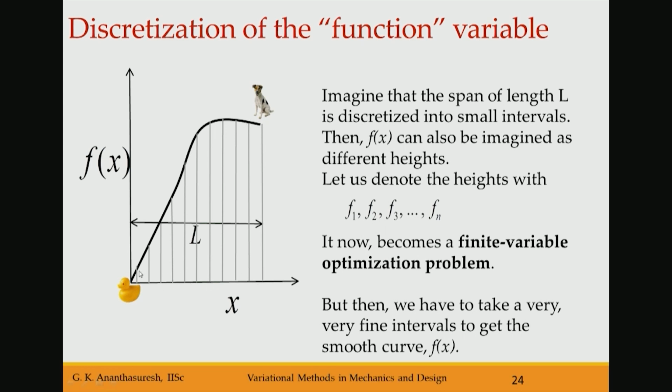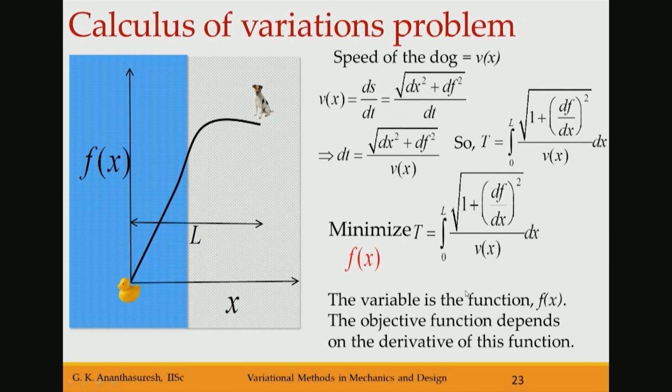So, I want to know not the continuous function, but what it is here, here, here, here, what path should I take. When I take that, then f1, f2, f3, all these heights become my variables, and that becomes a finite variable optimization problem, as opposed to a calculus of variations problem where the function itself is an unknown.